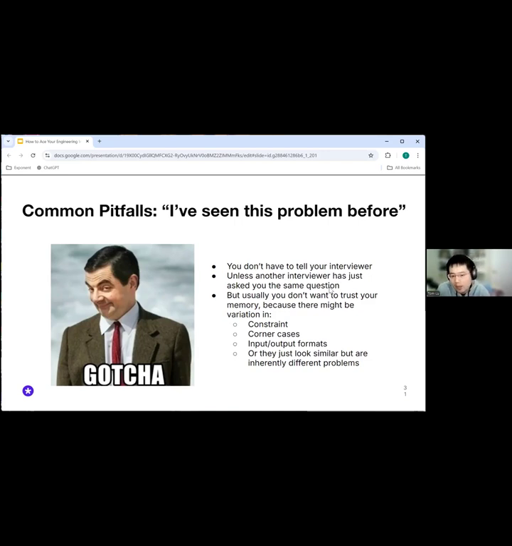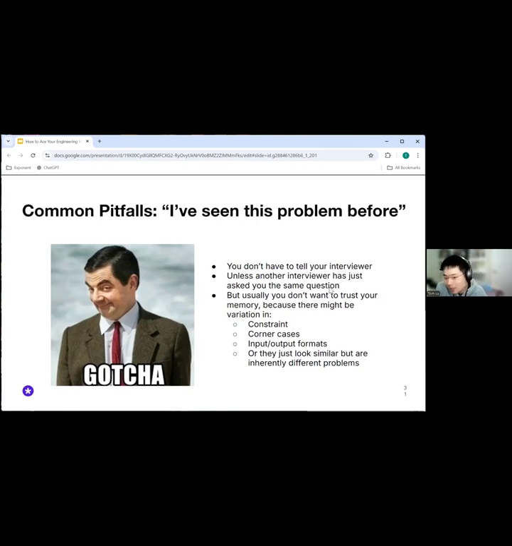But the takeaway here is that usually, you don't really want to trust your memory, because your interviewer can change the problem constraints, the corner cases, or the format of the input and output of the problem. So it becomes a completely new problem.